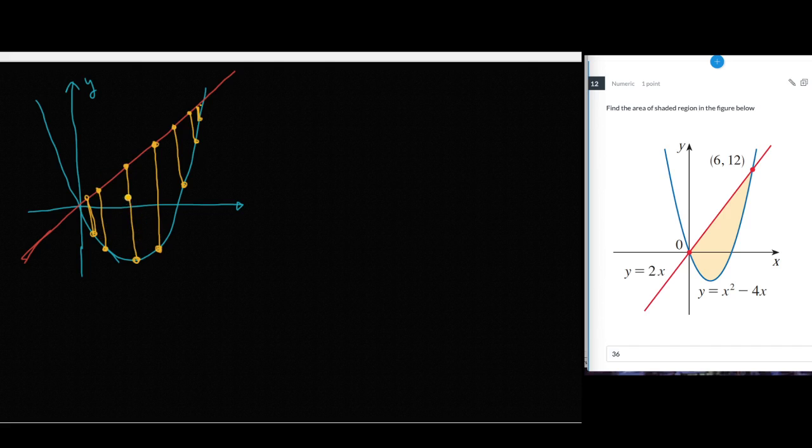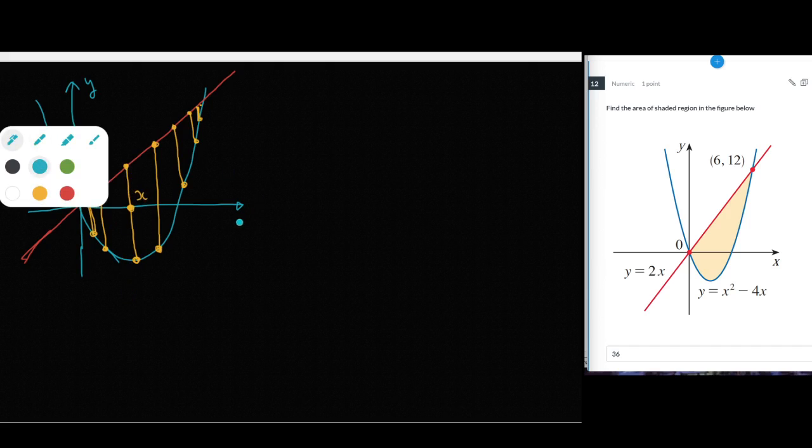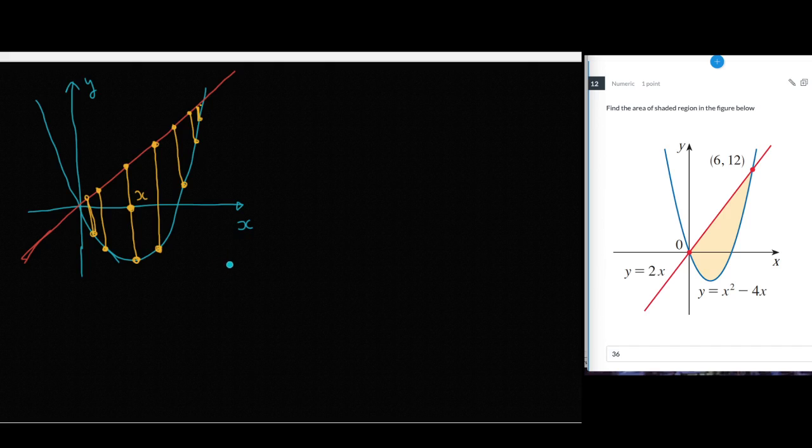Now, the position of a cross-section may be determined by the x-intercept of that cross-section with the x-axis. And so, depending on the x value, the length of our cross-section may be larger or smaller.